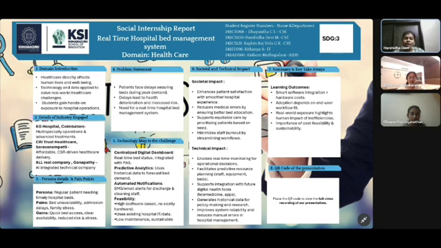A predictive analytic algorithm analyzes historical admission rates and trends to forecast future bed demand, helping staff anticipate and prepare for surges. An automated notification system triggers instant SMS and email alerts to bed managers and cleaning staff upon a patient discharge, streamlining communication and significantly reducing bed turnover time.